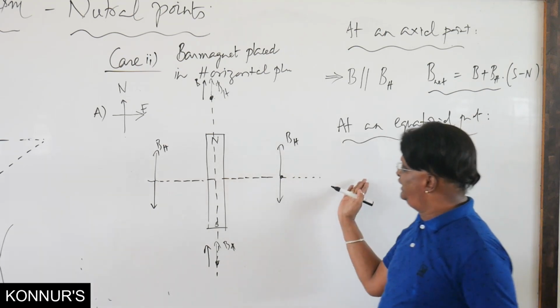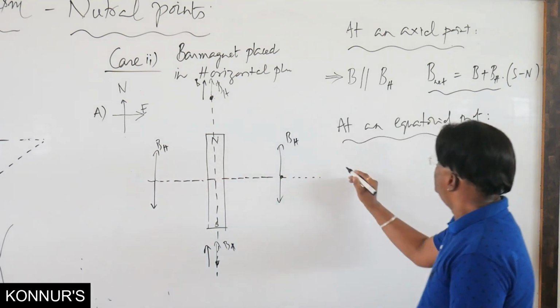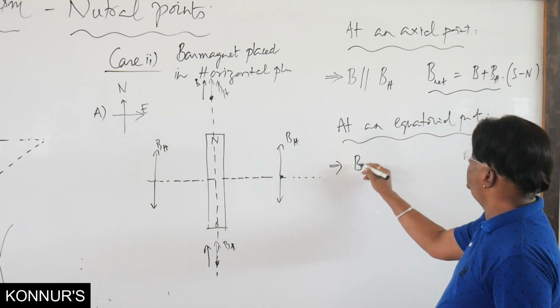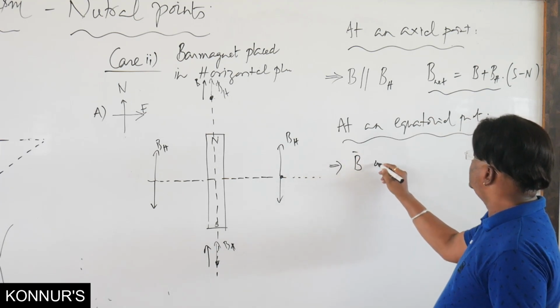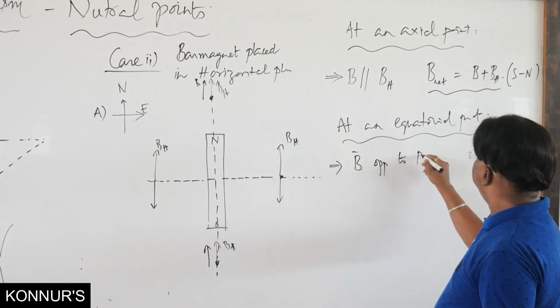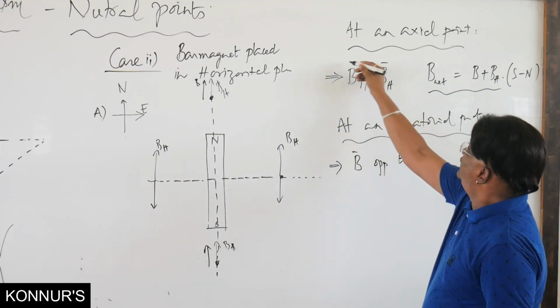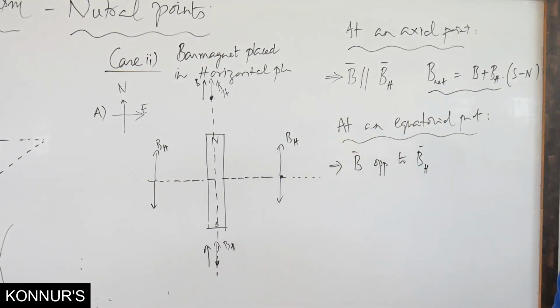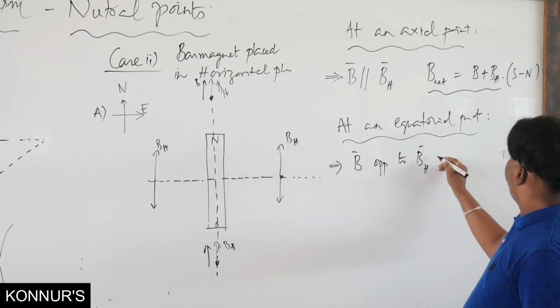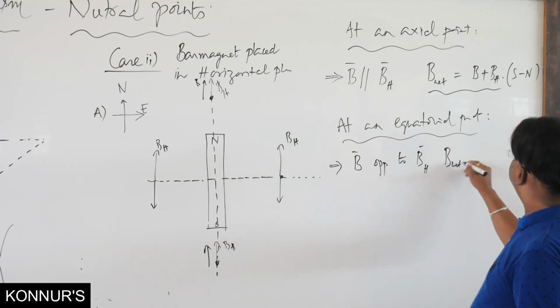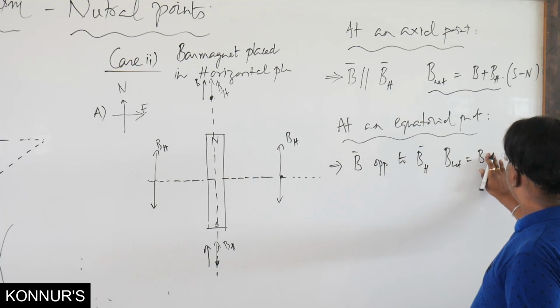Likewise, considering any point on the equatorial line, what we find is that B bar is opposite to BH bar. Here it was B bar parallel to BH bar, and now it is opposite. Therefore, the net induction is the difference, B minus BH, higher minus lower value.